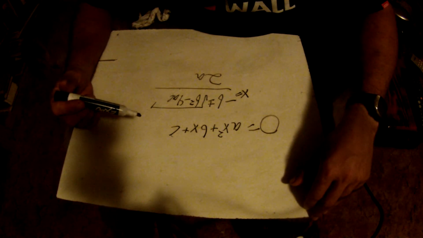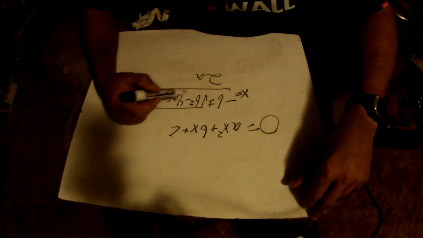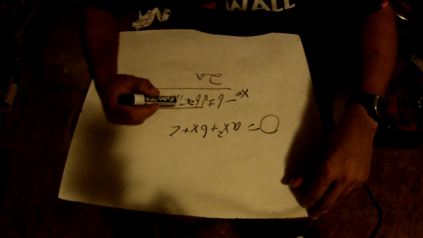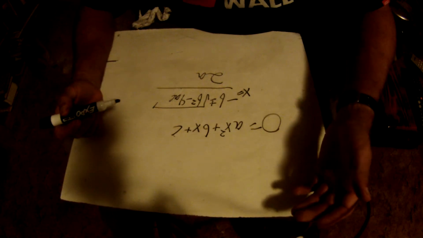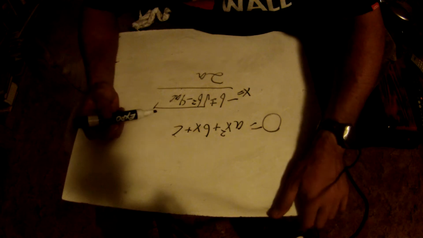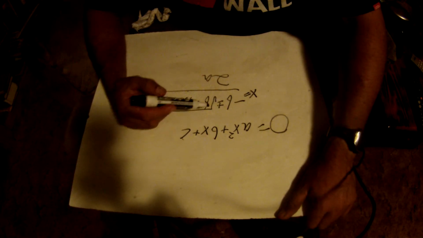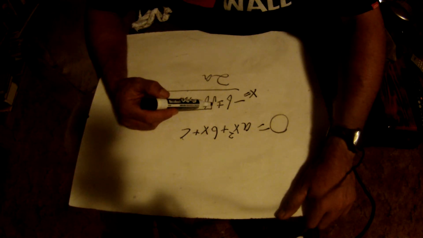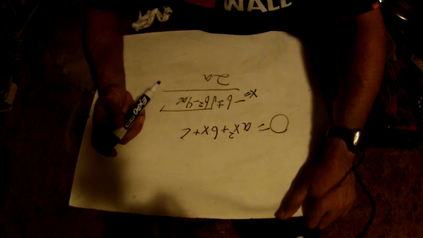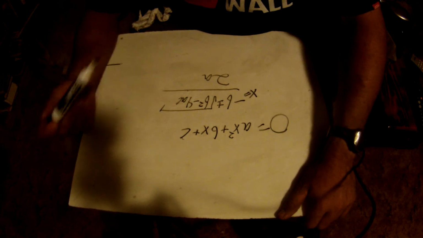You get a plus or a minus, so you get two possible answers, and one of them is going to make sense and one of them is not. One of them will probably be a negative time, and you just throw that away, and it's the other time.